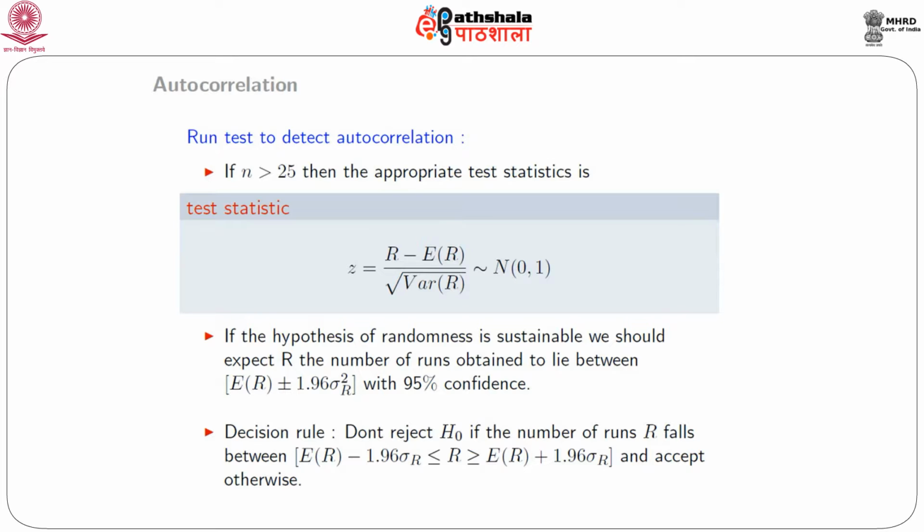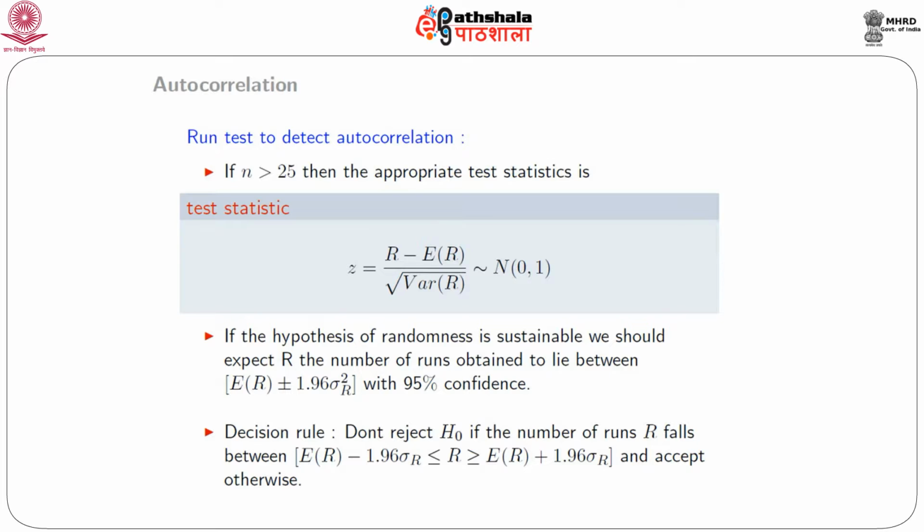Now, when we perform the run test, the decision rule is such that we do not reject H naught, or the null hypothesis, if the number of runs R falls between expectation R minus 1.96 times sigma R and expectation R plus 1.96 times sigma R, and we reject it otherwise.